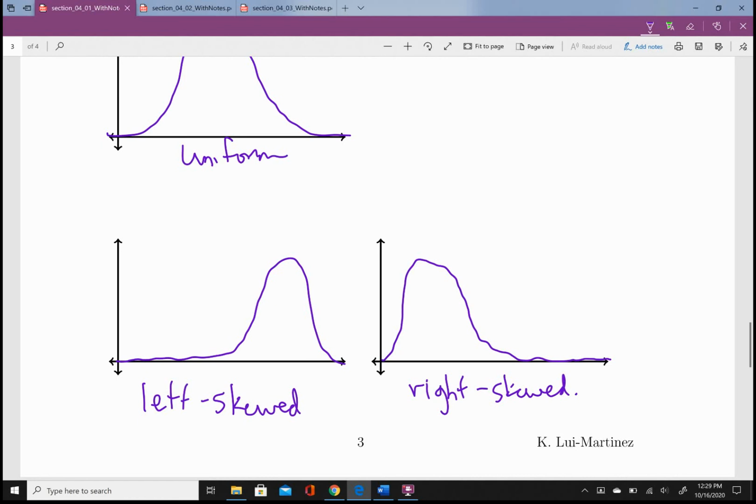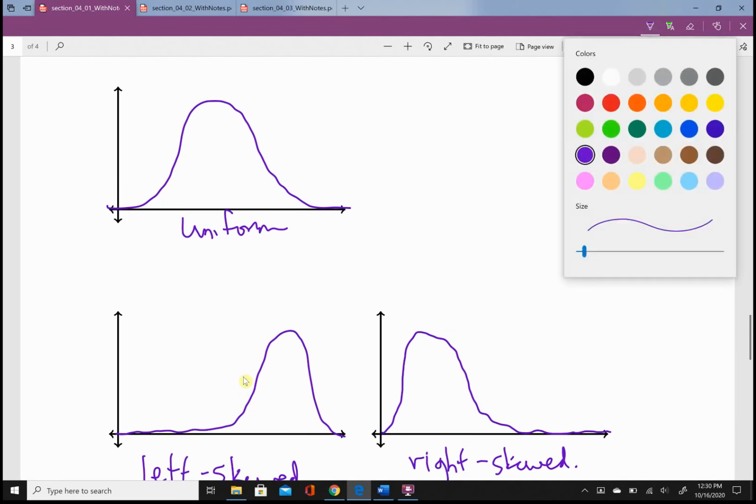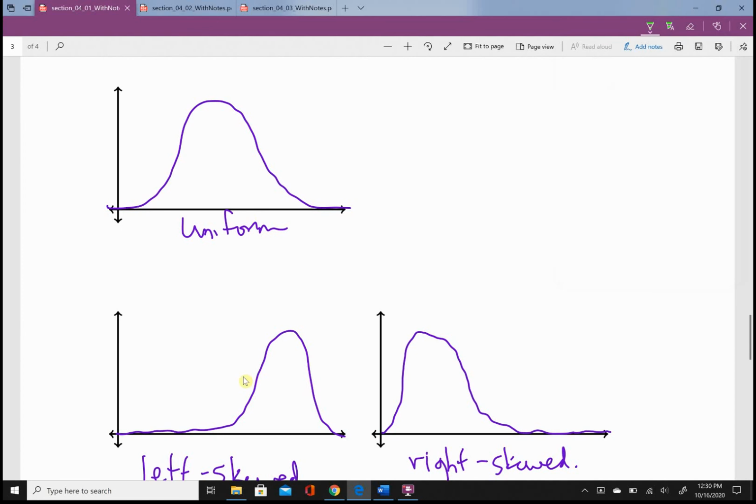Okay, so what do we want to say about this? Here, let's go back to the uniform, and I'll put a different color on here. Let's go this bright green color, and we'll say here the mean and the median are about the same.